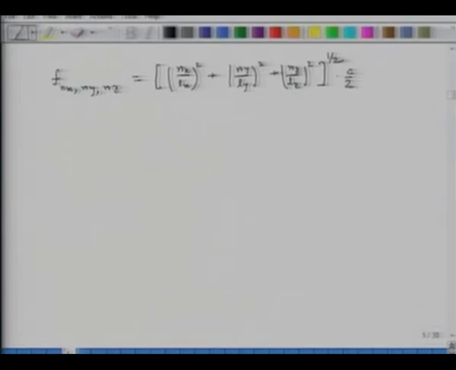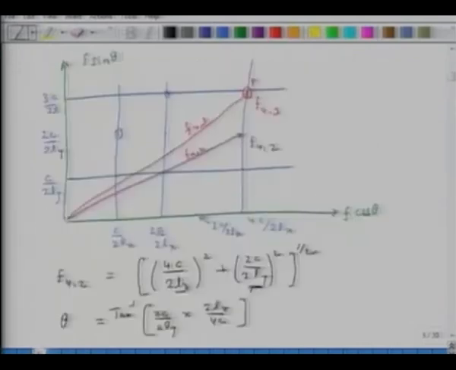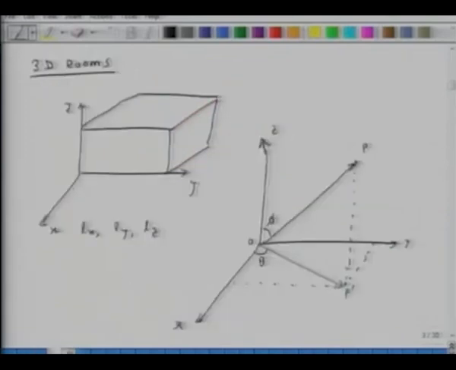And the way we express this frequency in 2-dimensional space for 2D rooms, we will use a similar approach to figure out the values of theta and phi in 3-dimensional space for 3D actual rooms.